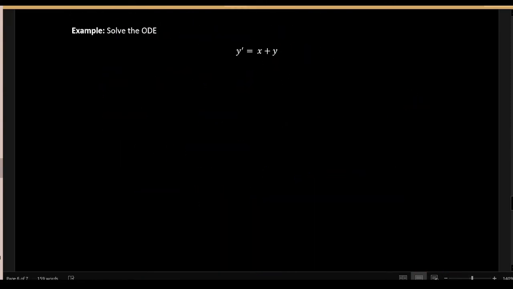Let's begin with a very simple example. Let's solve the ODE y prime equals x plus y. The first thing that I need to do is get it into the correct form. Currently, this is not in the correct form because I need both y prime and y to be on the left side of the equation. So I'm going to subtract y, which is equivalent to adding -1 times y.